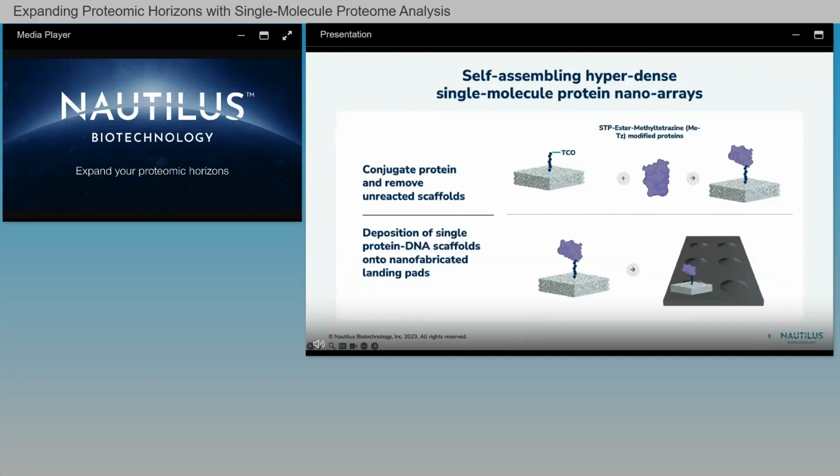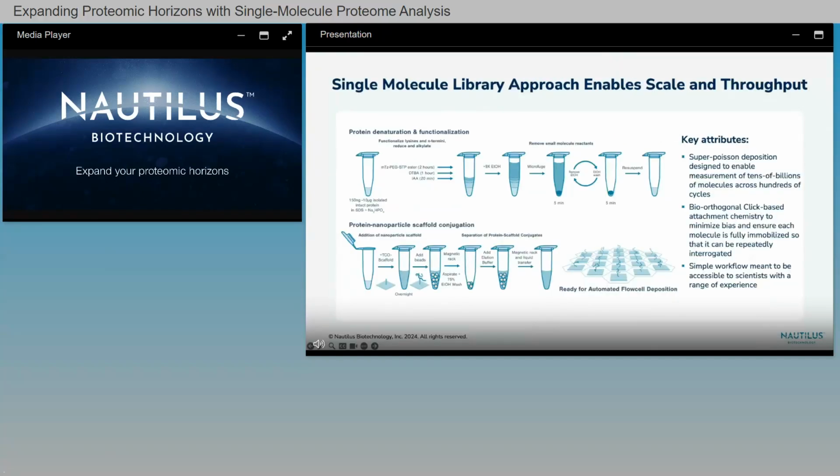For a little more detail about what the actual sample preparation, library preparation workflow looks like, shown here, you can see that this is done essentially as a one-pot reaction, where we start with the sample, somewhere between 150 nanograms and 10 micrograms of protein.